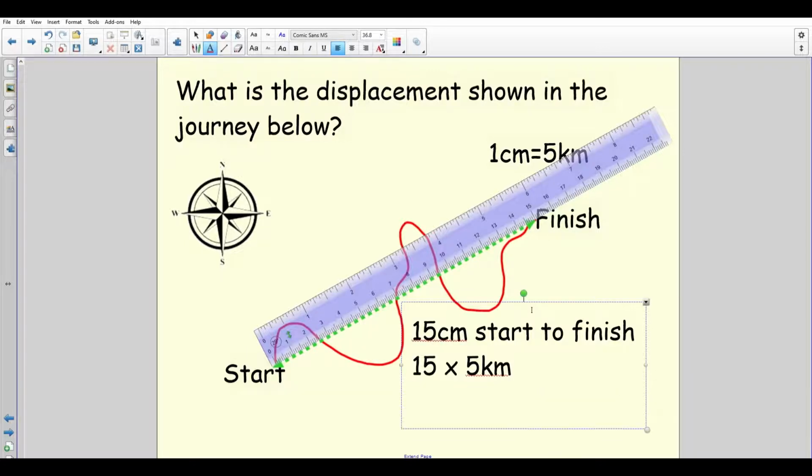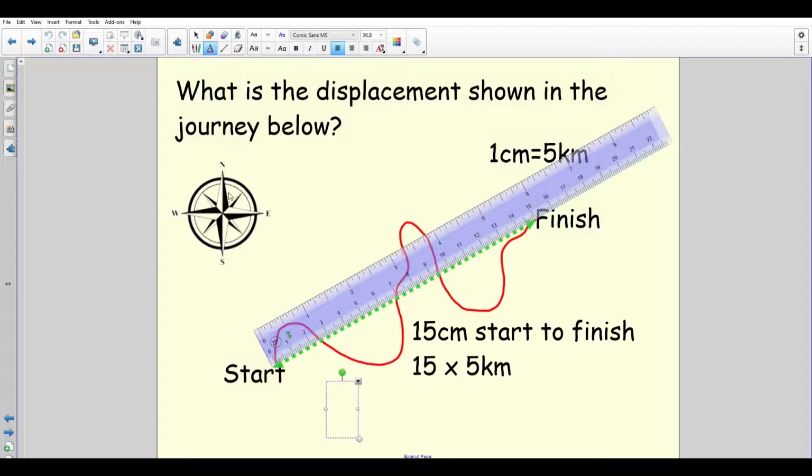Right, anyway, so I do 15 times 5, and if I do that, I don't know if I can get a calculator up. So 15 times 5, and that will give me the distance I've got. And I'm going to do it on here because I want you to work out your own. So yours isn't going to be 15 centimeters, yours will be something completely different. And on the end of that, you're going to add on the direction.